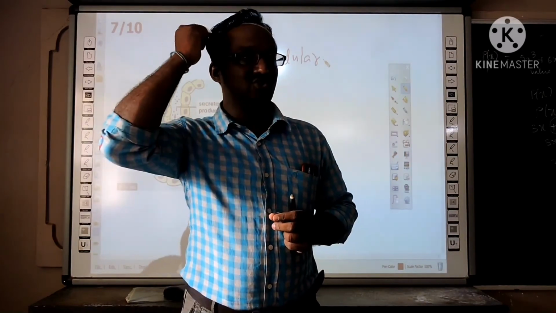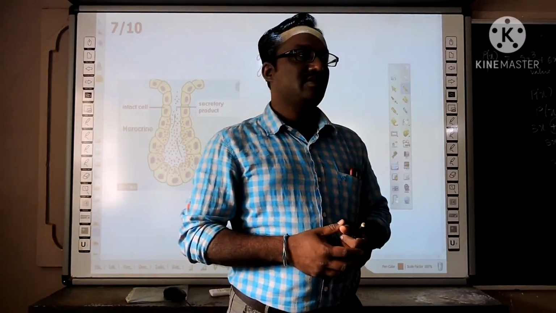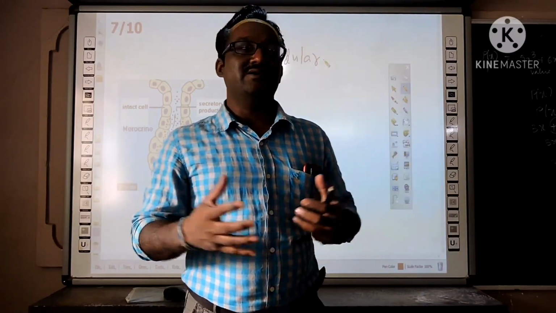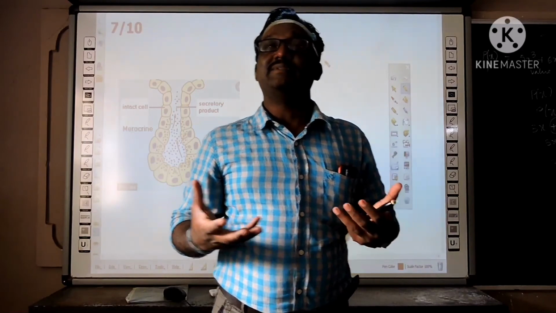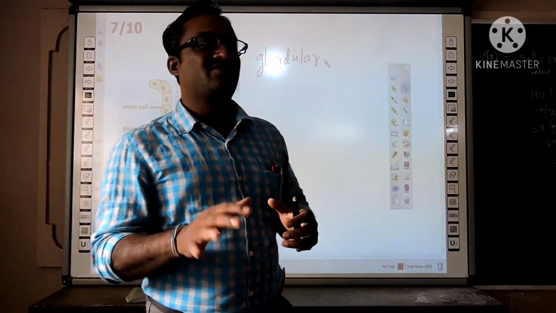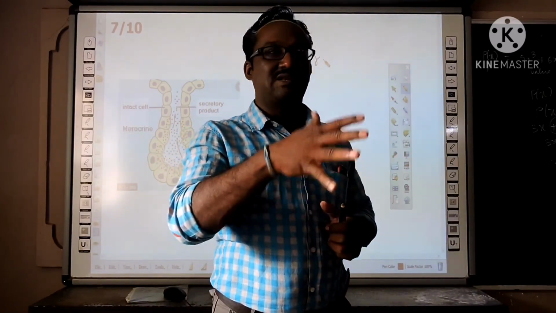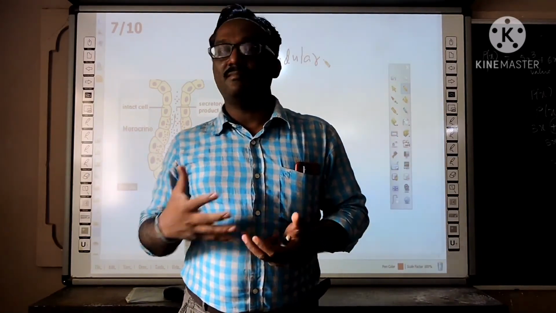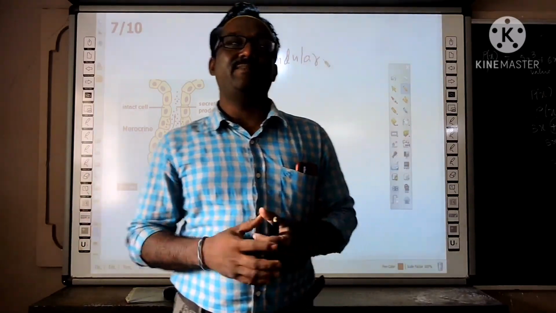Feathers in birds also come from epithelial tissue. Scales in the fish body are also modified epithelial cells. Okay, so this is the story about epithelial tissue.